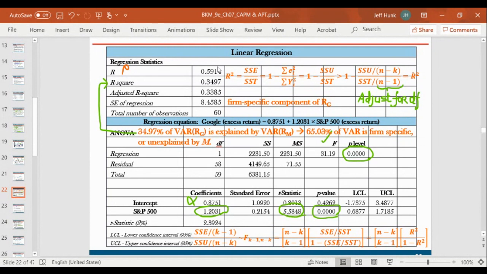You might wonder, the correlation squared is R squared. We can check.